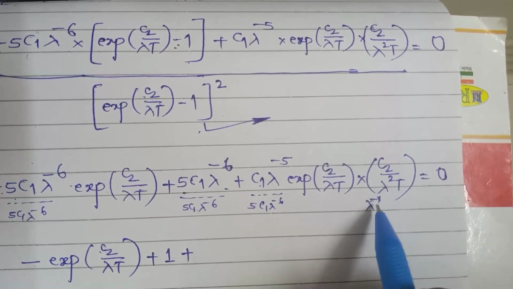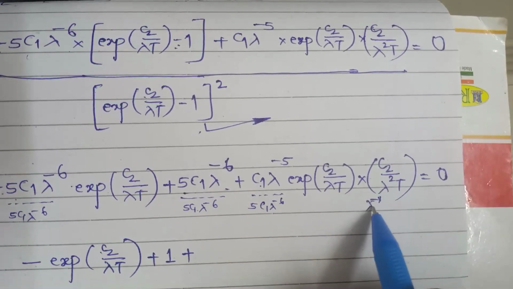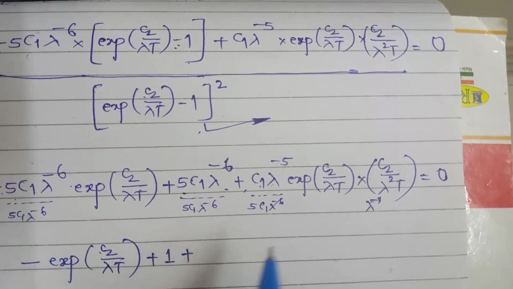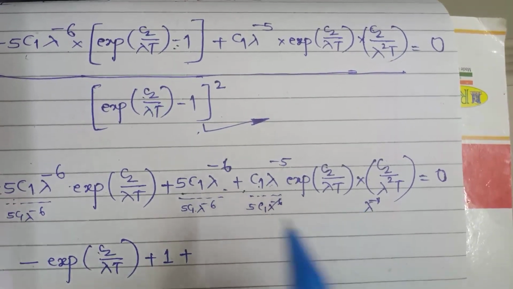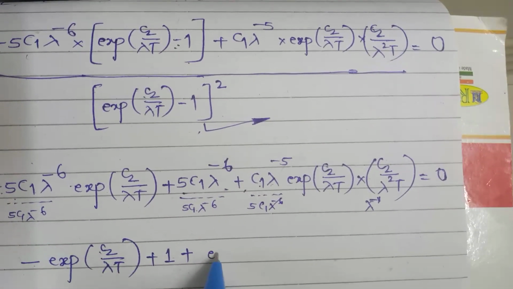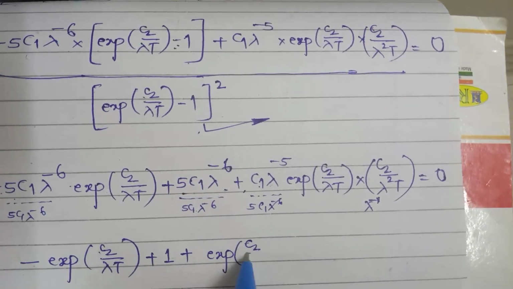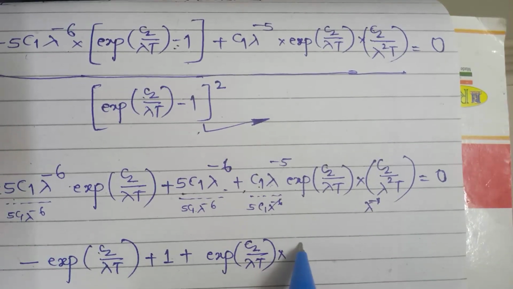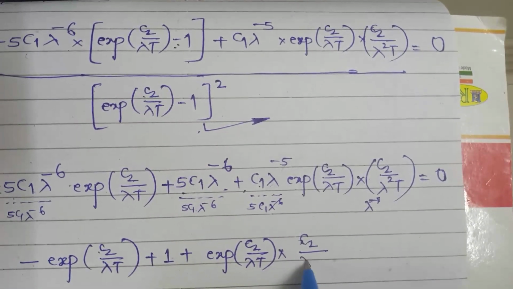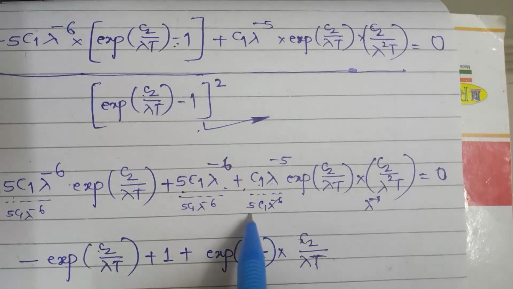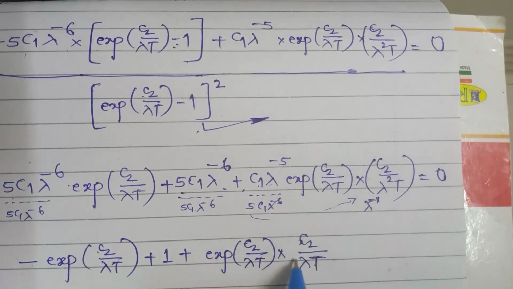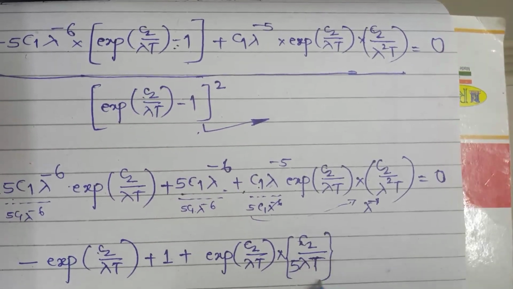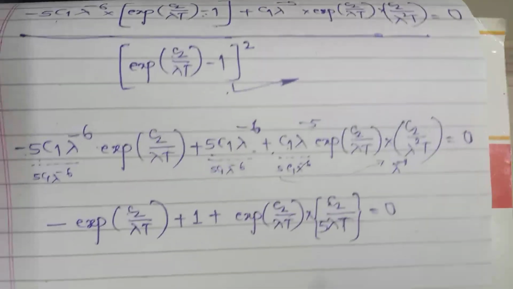When they are multiplied with each other, only one lambda will remain, and the lambda raised to minus 5 from numerator and denominator will be absorbed. So that gives you plus exponential of c2 by lambda t, first term, multiplied by, here only one lambda will remain, so that will be c2 by lambda t, and also this 5 does not have any other parameter to cancel with, so this will be over here. This should be equal to 0.